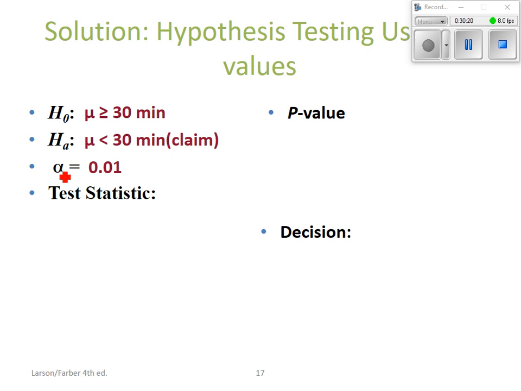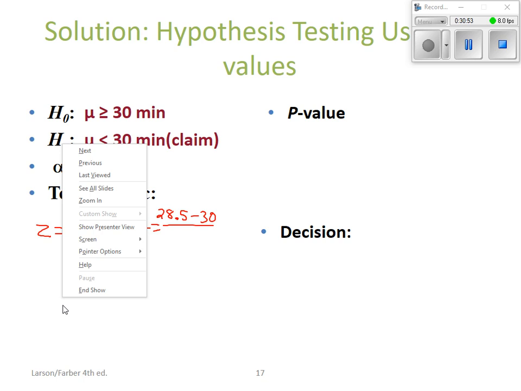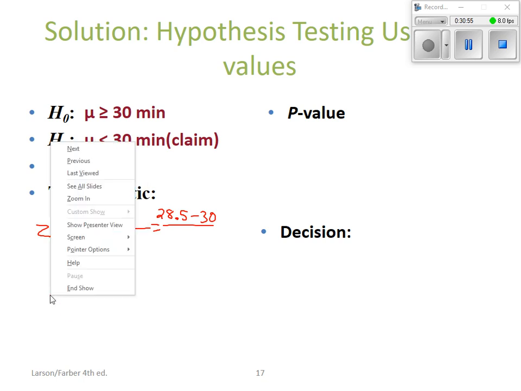We find our test statistic. Remember, your test statistic is that Z: X bar minus mu over your standard deviation divided by the square root of n. I got your calculator, so you can help me here. Let's see, X bar was 28.5 minus mu was 30. Remember, the mu comes from the claim, whatever the claim is. S, I think it was 3.5, but I'm going to go back just to make sure.